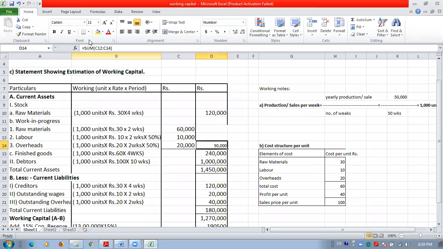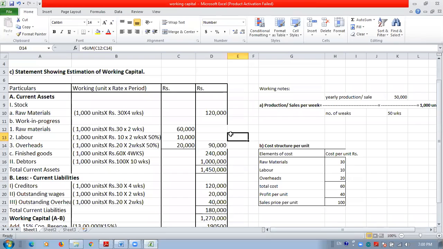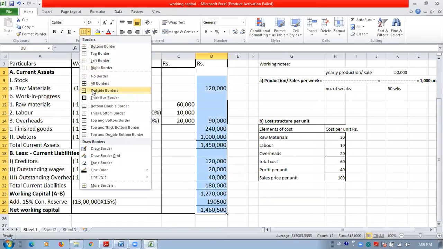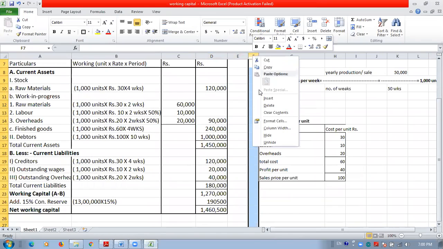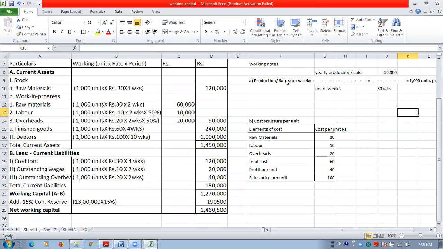Here, first we have to calculate the weekly production, right? So it is weekly production we have calculated.